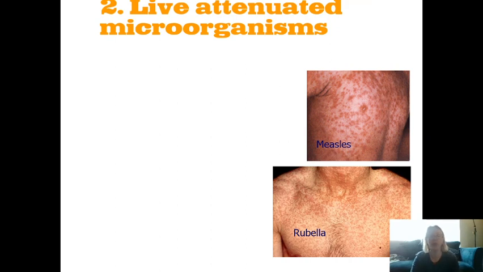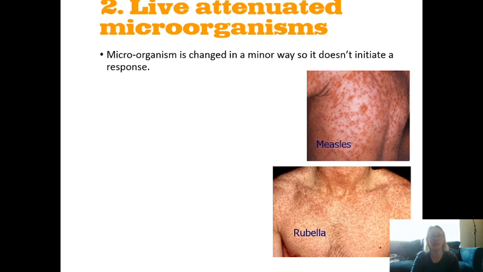Then we've got live attenuated strains. So other things like measles, rubella, for instance, what they would do is expose people to those particular microorganisms, but they're attenuated microorganisms, so they don't actually cause the disease themselves, but they will help to trigger an immune response.